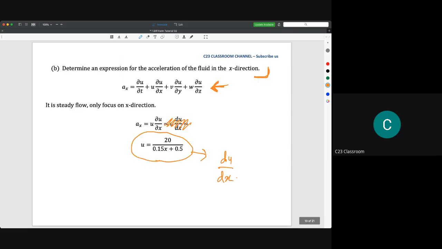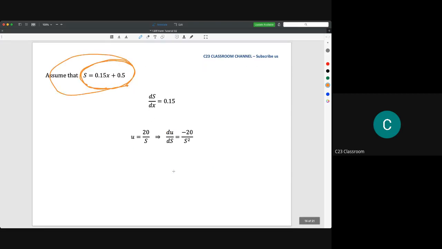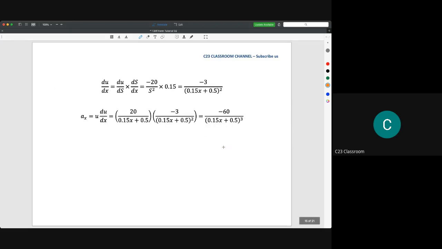Here we replace this term with s, so we can write u is equal to 20 over s, and du ds is equal to negative 20 over s squared. Then we say that du dx can be solved by multiplying du ds times ds dx.